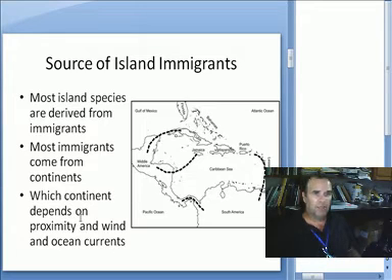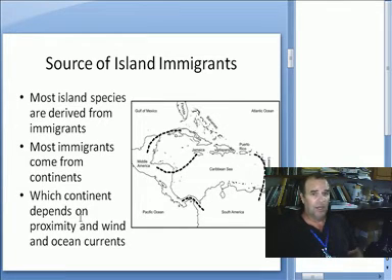So most island species, if not all island species, are derived from immigrants, so they came from the outside. It's only when you have large islands, like for instance Madagascar, which used to be part of Africa, that the species which are on there now are derived not from immigrants but from ancestors which used to inhabit much of southern Africa and Gondwana.